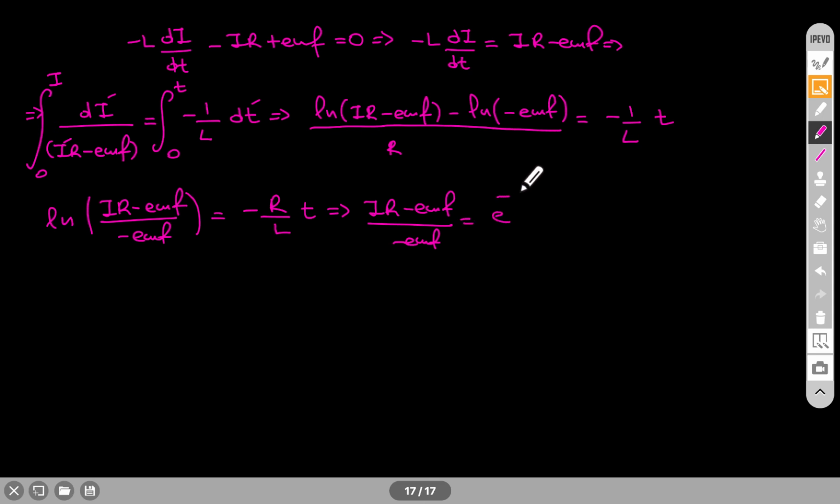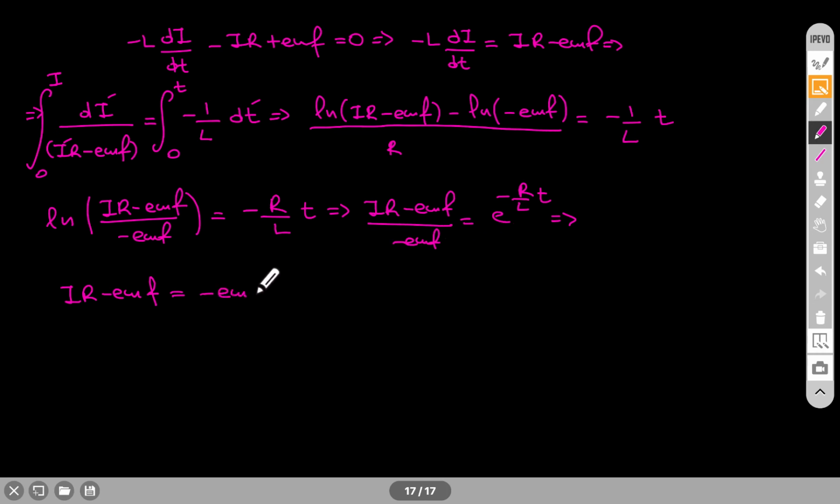E to the minus R L T. Now I don't really like having this here. I will rewrite it. So next step, IR minus EMF. First of all, I'm going to bring this to the other side.